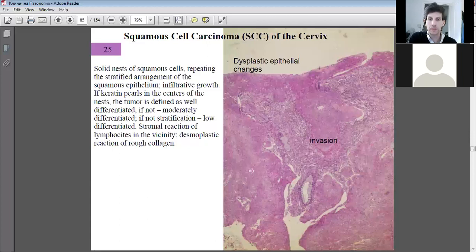Could you just show the solid nests again? Okay, no problem. The solid nests, yes. These are the solid nests there. There's a small one there. There's one here growing.